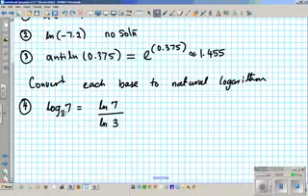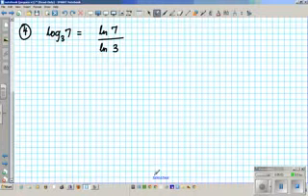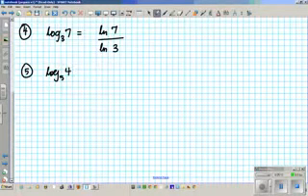To do this, you simply take the base, put it on the bottom, and then take the number and put it on the top. And whatever target base you want, it could be ln, it could be log 5, log 7, that's what goes on the left side. Alright? Let's try another example. Let's say number 5, we wanted to do log base 5 of 4.